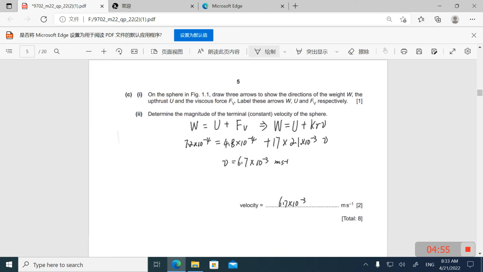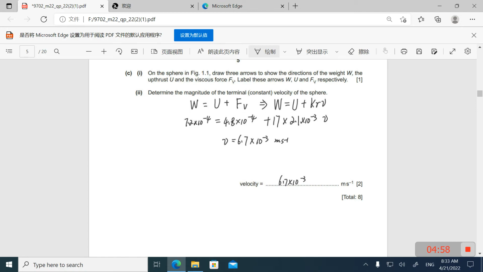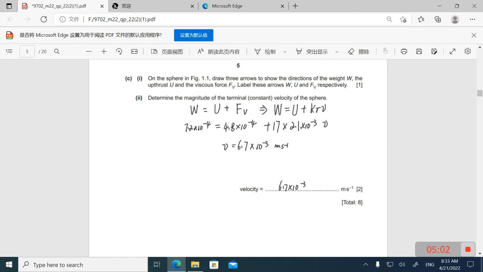The last part they said here, determine the magnitude of the terminal velocity of the sphere. We are going to find the terminal velocity in this part. When we find the terminal velocity, we have the three forces, as I can show you on the diagram.